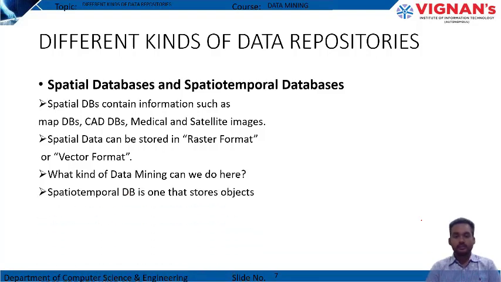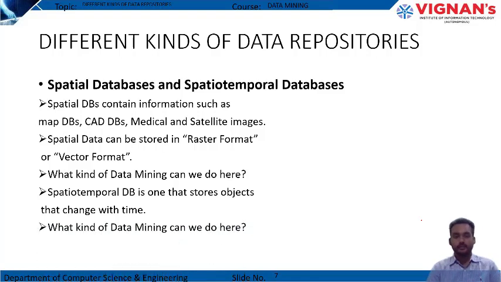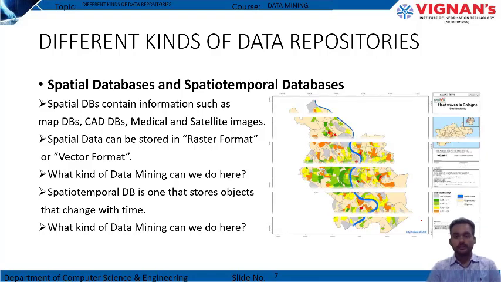Spatiotemporal databases store information with time. All your spatial data with time is what you have in your spatiotemporal databases. The same thing can be done here, and a weather forecasting system is a good application. This is how you store information in spatiotemporal databases or spatial databases.